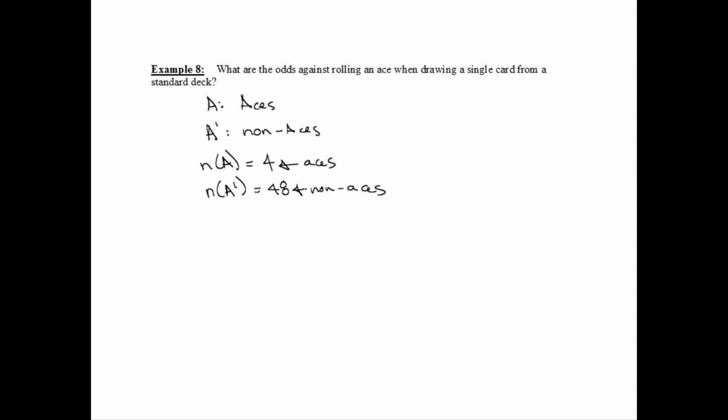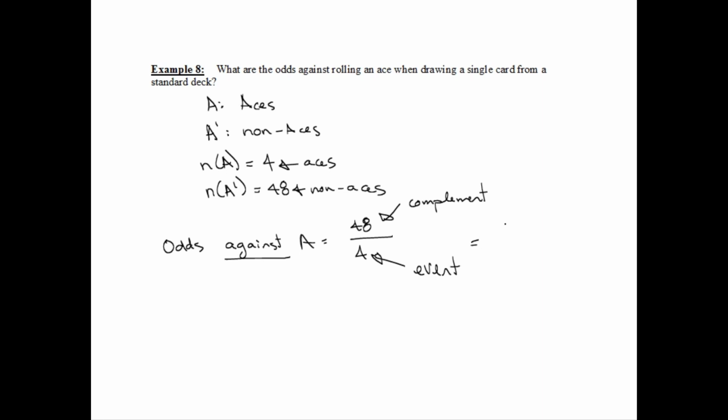Okay, so if I want to figure out the odds against, I put the complement on top, so that would be 48. Put the event below. The complement comes first if you're talking about odds against. My event comes below. So 48 to 4, which would be 12 to 1.